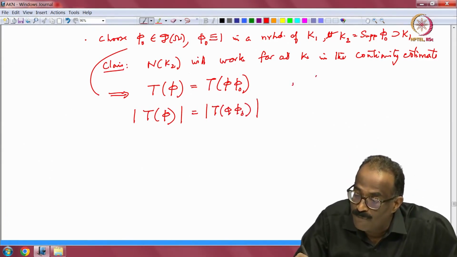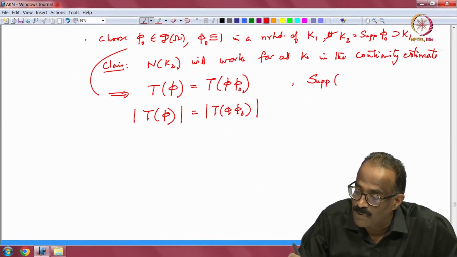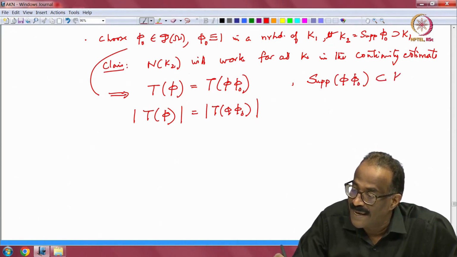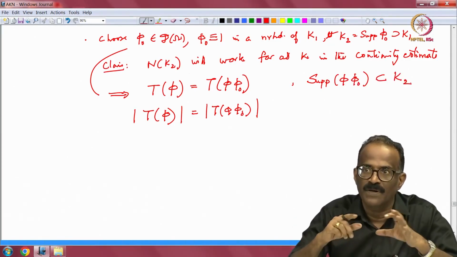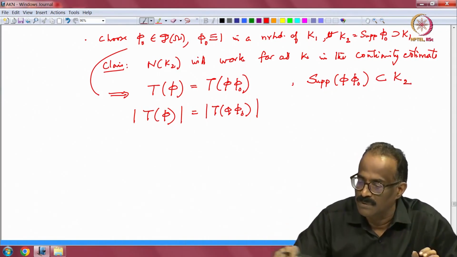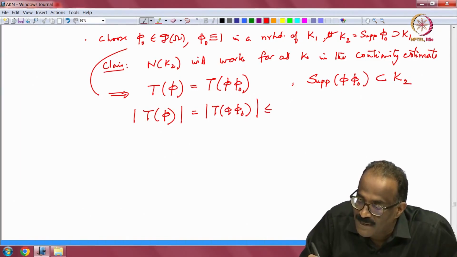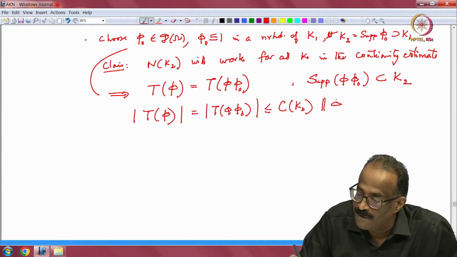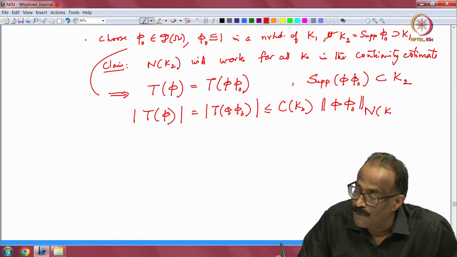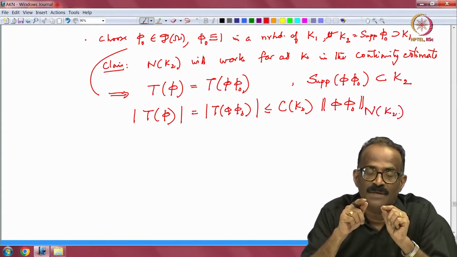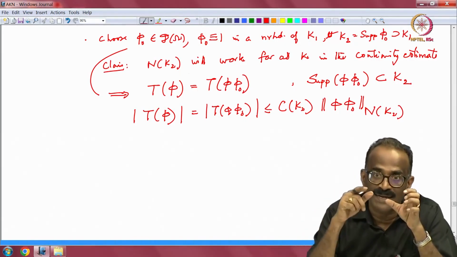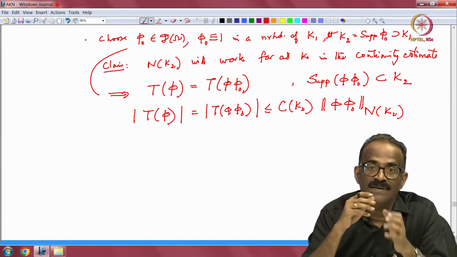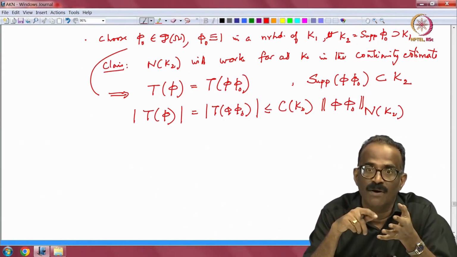So, therefore, modulus of T phi is the same as modulus of T phi naught, and now observe that the support of phi naught is contained in K2, because phi naught's support is K2. So, this is less than or equal to, by the continuity estimate, the norm of phi naught in nK2. But note that now phi naught is a fixed element, and in the norm you can apply Leibniz for D alpha of phi naught.